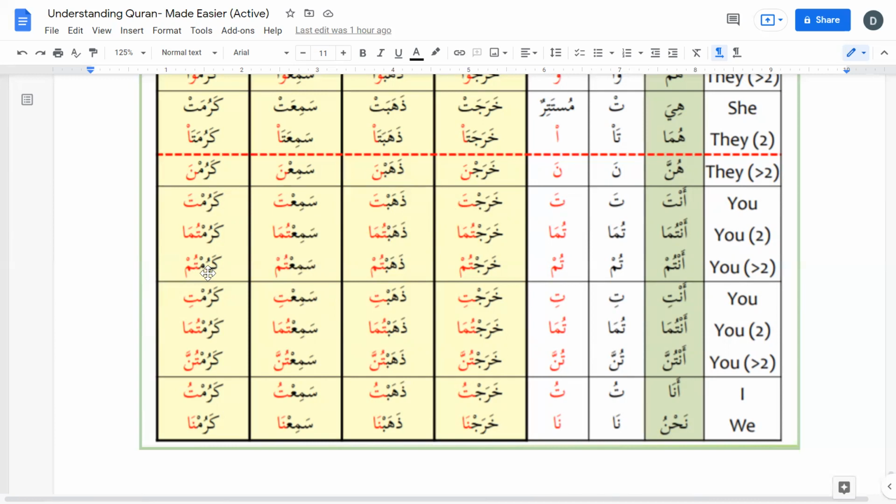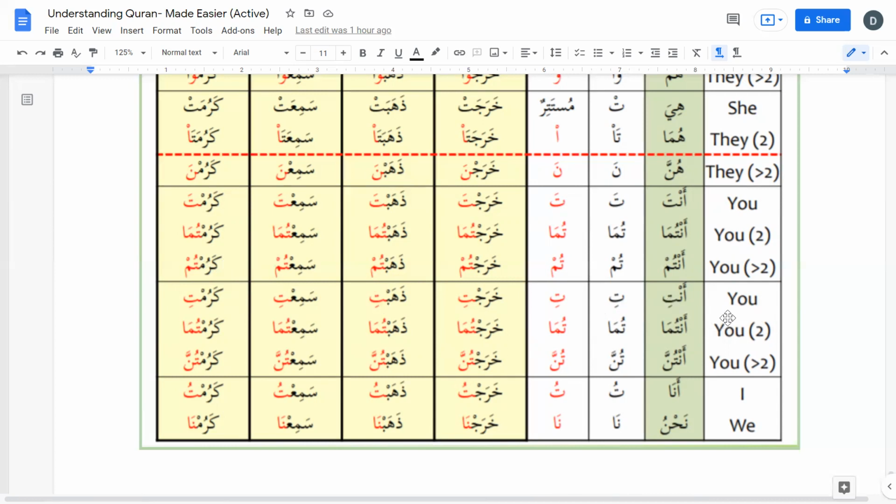And in karuma, the ain kalma has dhamma, so it will also retain its dhamma. This is the pattern of fa'ula: karuma plus antum, tum from antum becomes karumtum. You all became noble.